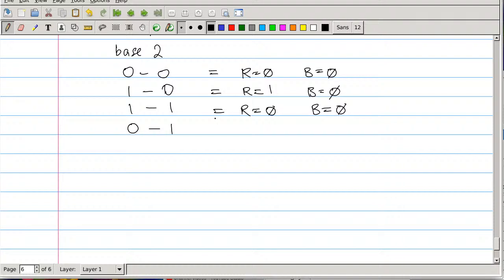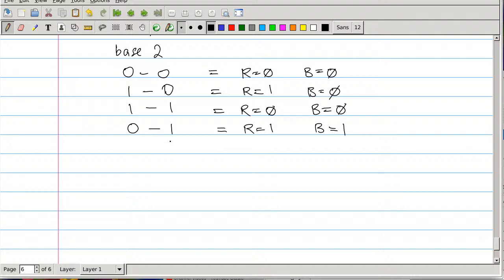In base 2, when we subtract 1 from 0, the result is 1, and the borrow is 1 as well, because there's not enough in a 0 to give somebody 1. So now we have to borrow from the next column. But in base 2, the columns are doubling the values of the one to the right hand side.